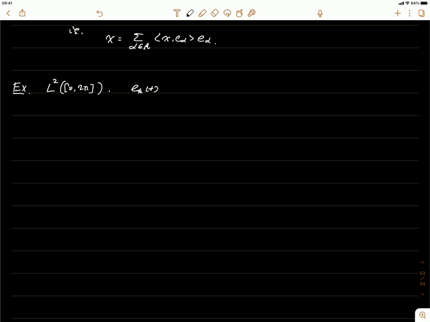Each of these e_k is a function in the L2 space, and it's defined as e to the ikt over square root of 2 pi, where k is an integer. So these are countably many of them, but k can go from negative infinity to positive infinity, all the integers, positive or negative. This is actually a basis.